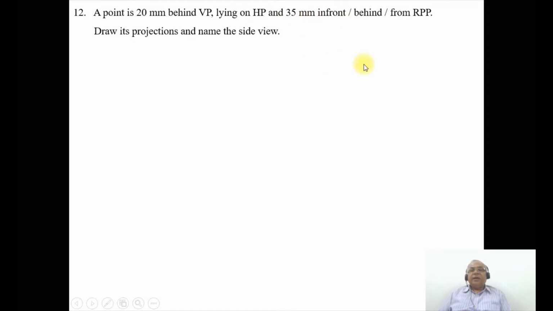Then you have the 35 mm behind RPP. It will be behind VP, so it should be behind RPP, because behind VP is the condition. Let us see how we are going to analyze this type of problem.